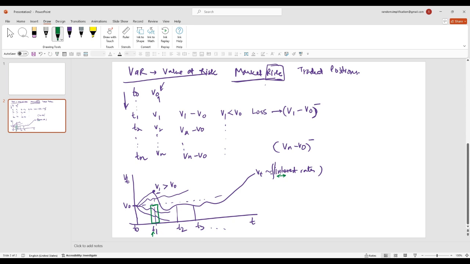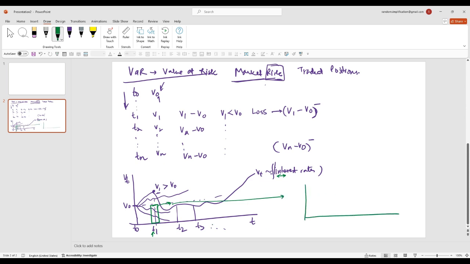Now, what you're interested in is, under a certain level of confidence, to make a statement on how much loss I could expect to make. And for that, maybe it's easier to tilt this graph from the vertical to the horizontal axis and represent it this way.